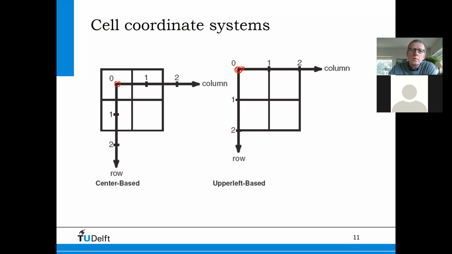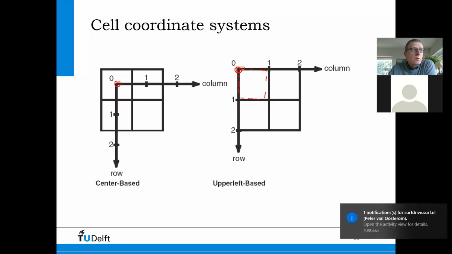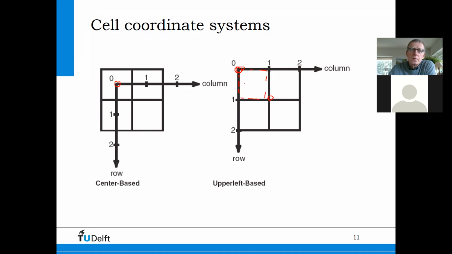If you know the coordinates of the upper left corner of this cell, which corresponds to this whole cell over here, then you can compute the location based on the row number and the column number, in this case both 0, 0, and if you know the cell size, then you also know the other coordinates of this little area. Most common is the center, and that makes sense, to me at least.